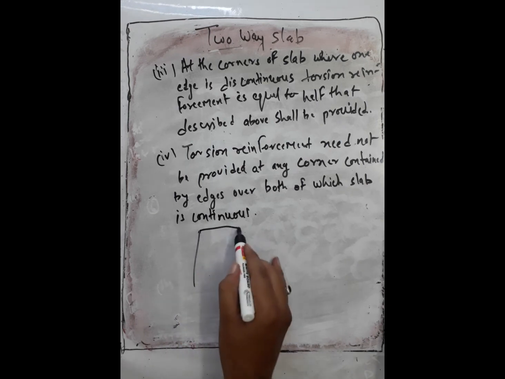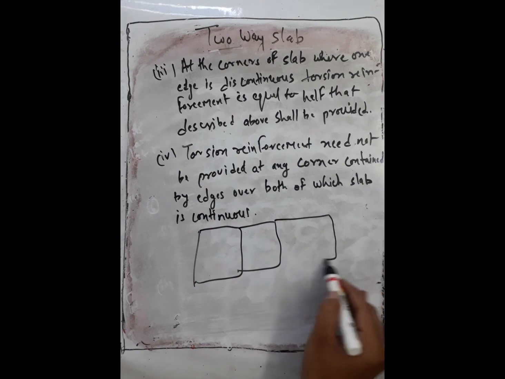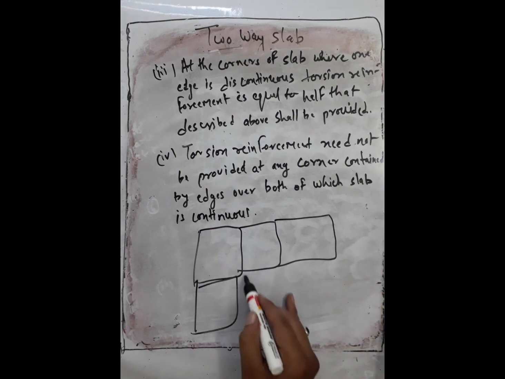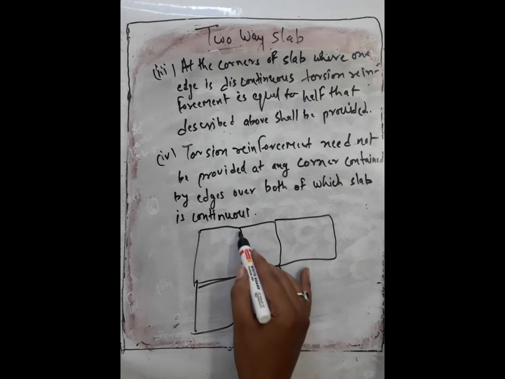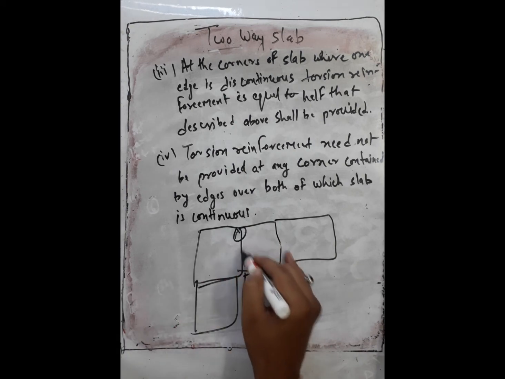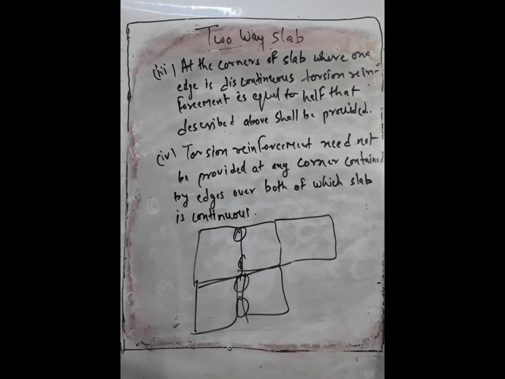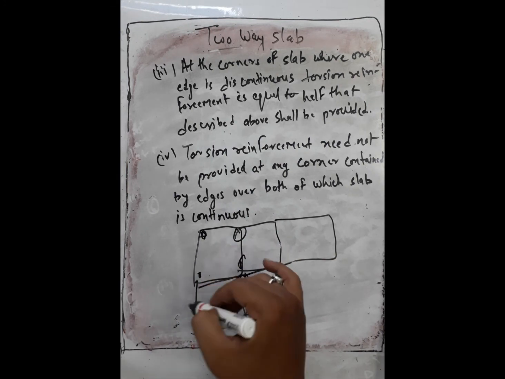If this is the slab and here we also provided slab, here also, here also, so here it is continuous, in that case we do not provide reinforcement at the corner contained by edges over both. But here this is discontinuous, so we have provided torsion reinforcement here.